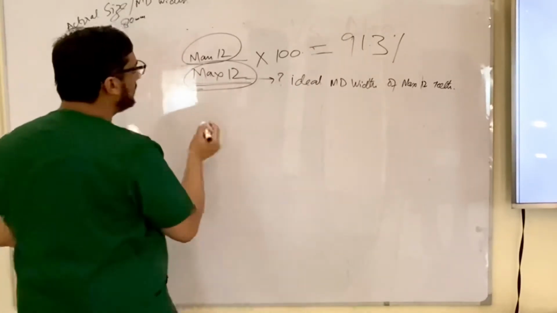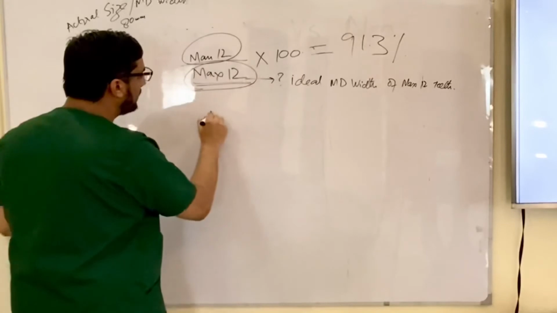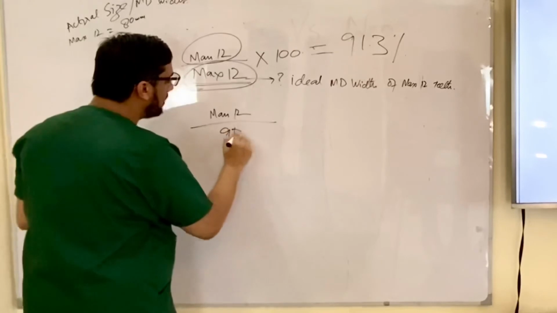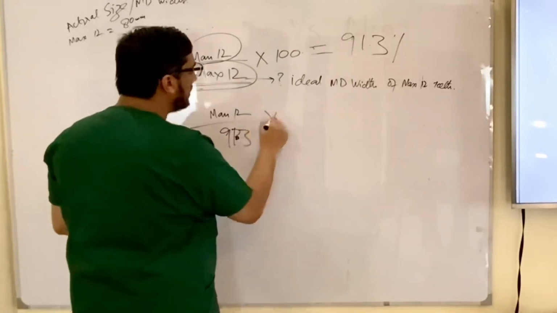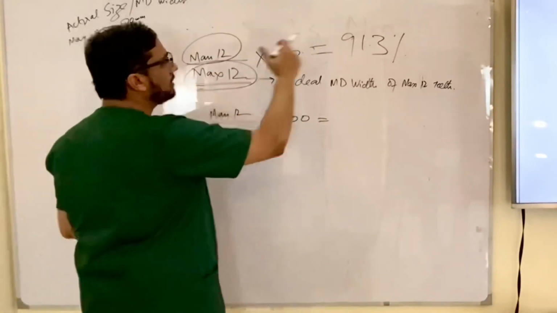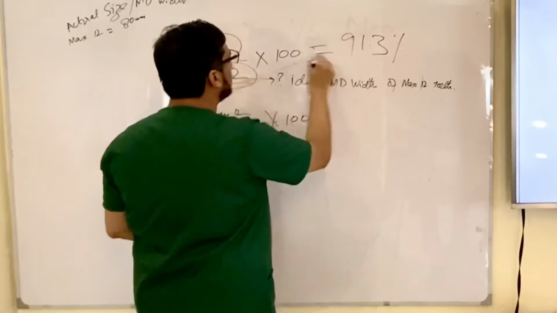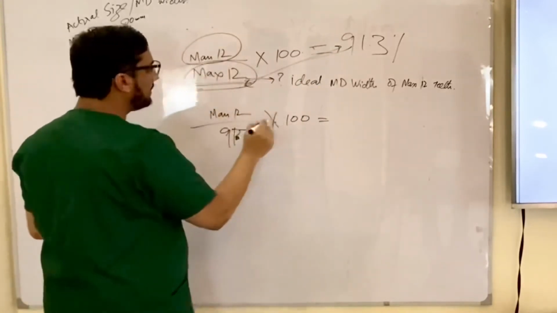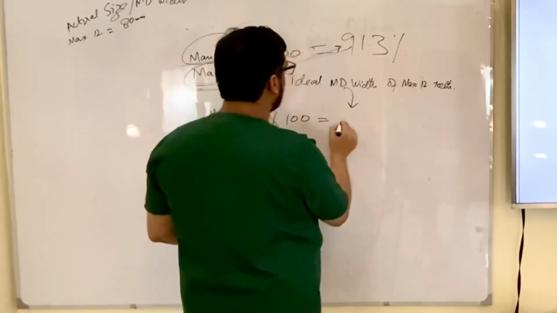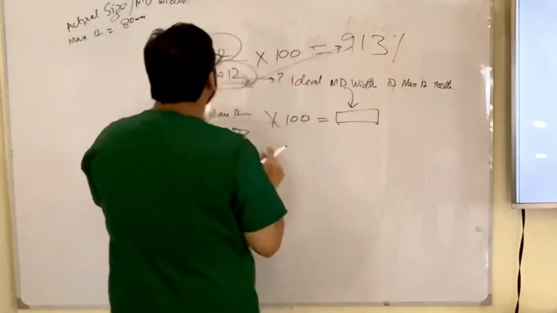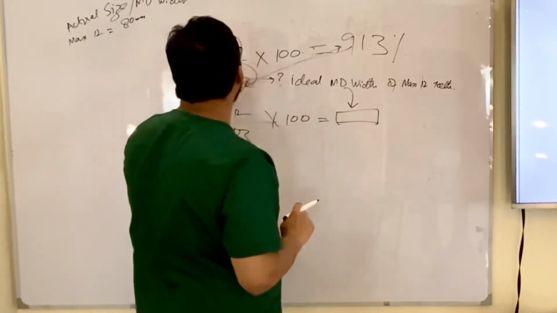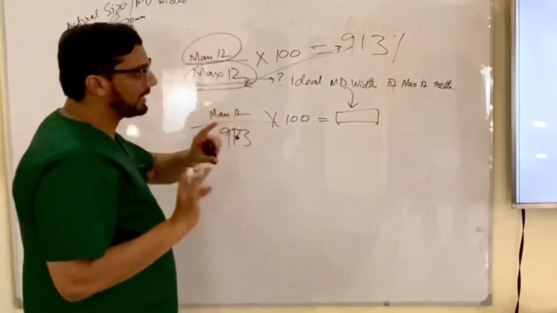Having the mathematical equation, we can switch it like this: mandibular 12 divided by 91.3 multiplied by 100. We simply switch this value over here and over here. So this is the ideal mesiodistal width of the maxillary 12 teeth. This is the ideal. By using this formula, we come to know what the ideal mesiodistal width should be in order to have the corrected Bolton discrepancy.